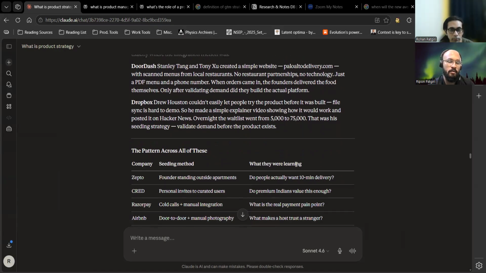So these are all startup stories, but what about an established company coming up with a new product? That's a lot easier because you can already put in those kind of things within your own app. So think about Gemini for Google. It was so easy for them to introduce Gemini because they already had Google search.